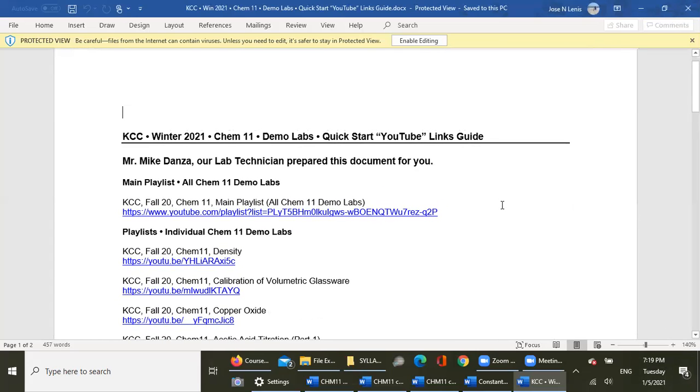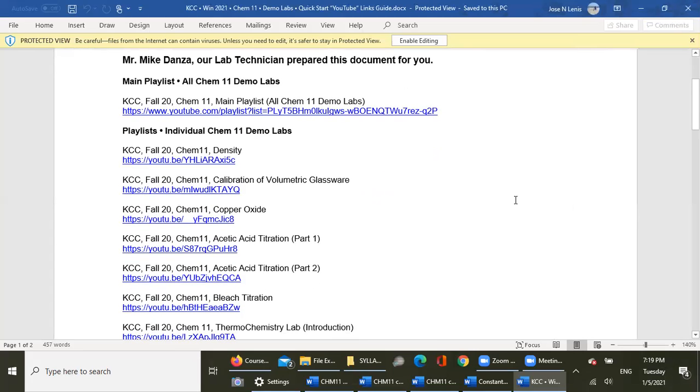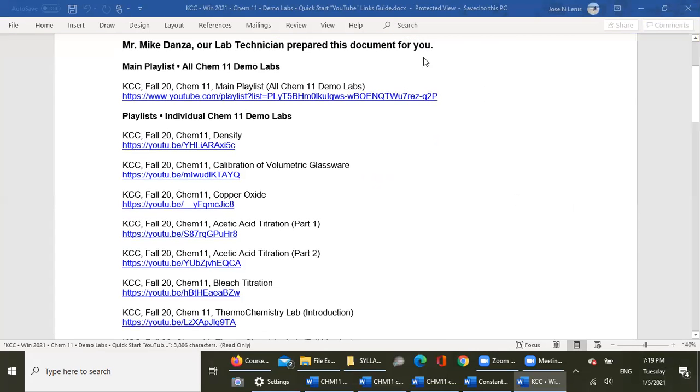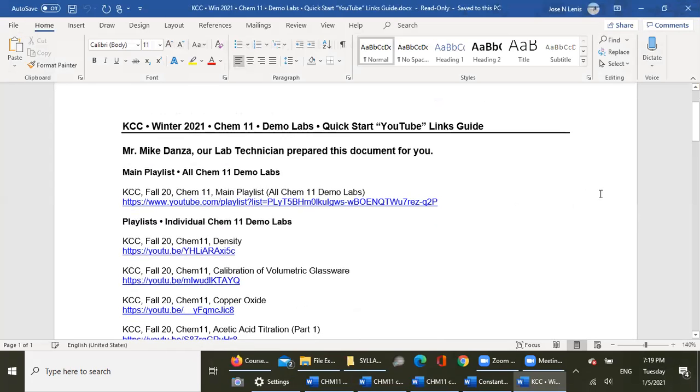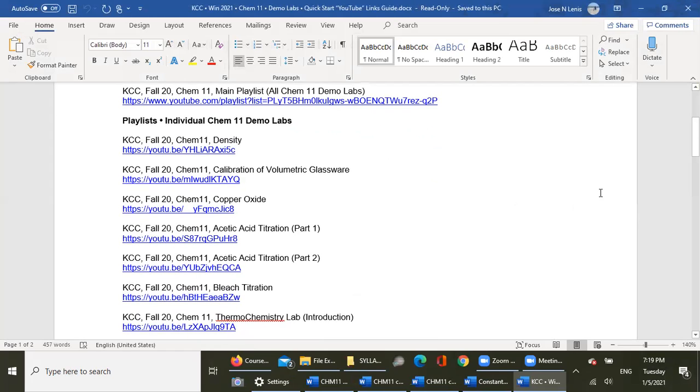Yes. All right, so that document shows you exactly what labs we're doing, exactly in that order. And also gives you the links to the YouTube channel. So you notice that the first is density.